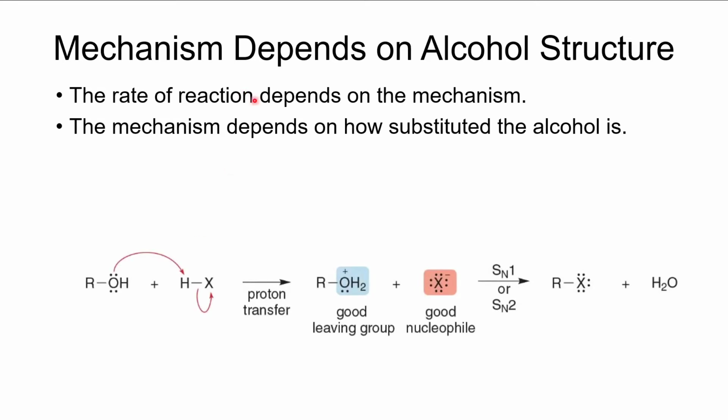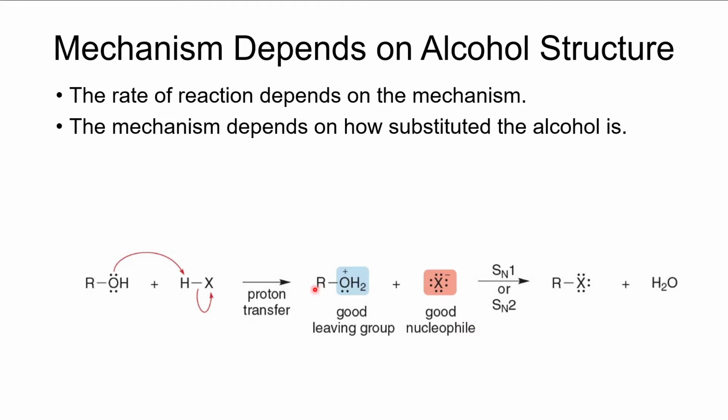So here, we always protonate as our first step, creating the good leaving group, but whether this happens as an SN1 where we form a carbocation, or as an SN2 where we get simultaneous breaking of the carbon-oxygen bond with making of the carbon-halogen bond, depends on what kind of alkyl groups we have here.